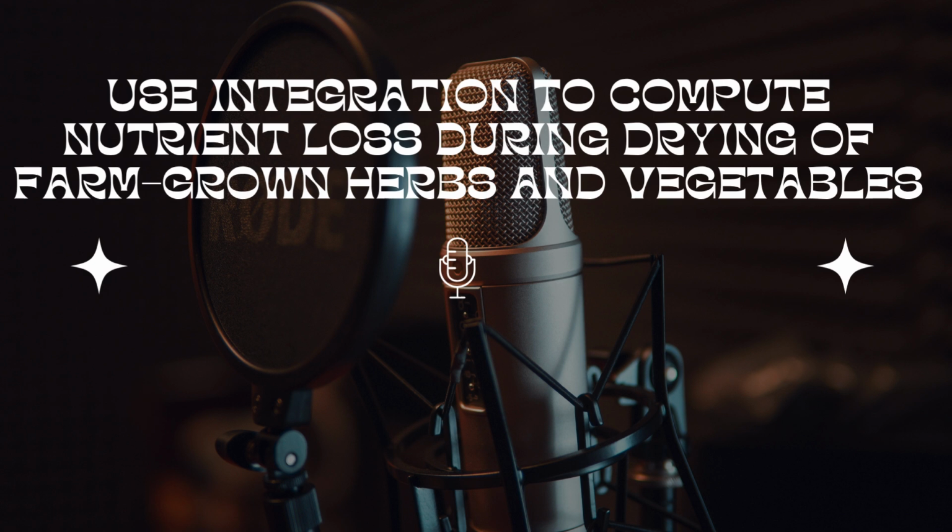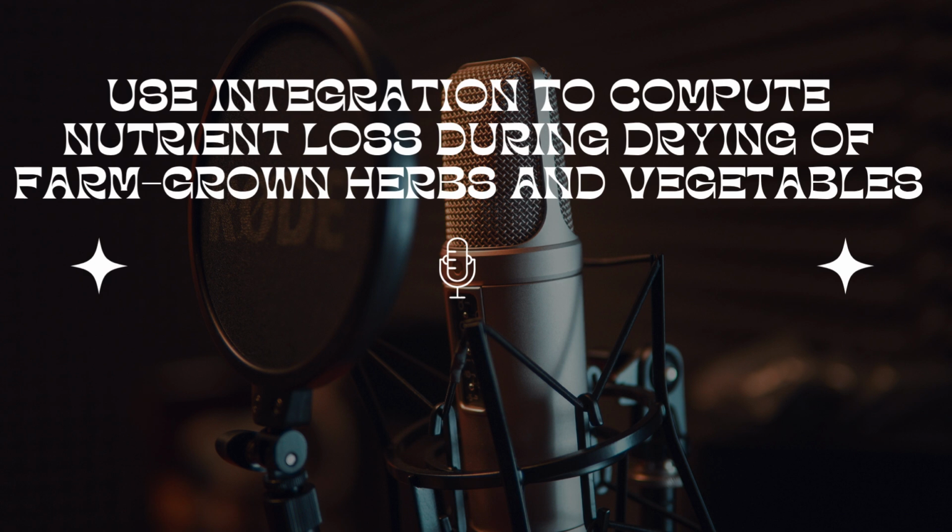So it's not just measuring loss, it's using that measurement to make better decisions. That's the real world power of it. You quantify the total loss, you get objective data, you can compare method A and method B with hard numbers on nutrient retention. Takes the guesswork out. It allows for data-driven preservation. Exactly. Improving quality, maintaining nutritional value based on calculus.